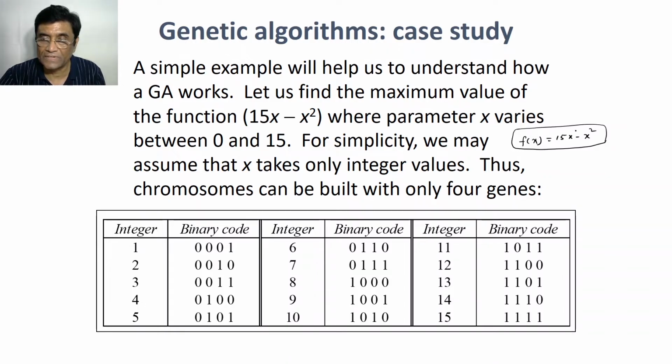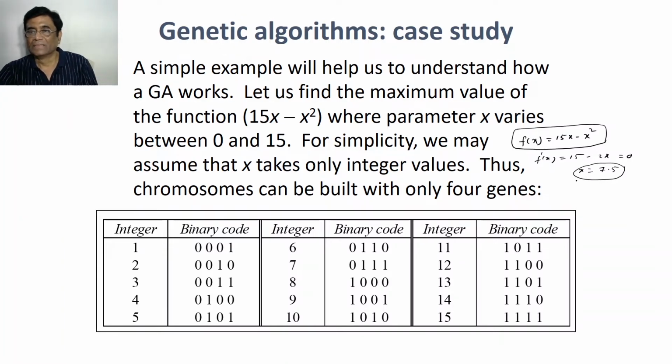As I told you, this function is not suitable for being solved by a genetic algorithm, because very easily it can be solved: just differentiate and make it equal to 0. So you know, right? 15 minus 2x equal to 0, so x equal to 7.5. So this is the solution we know.